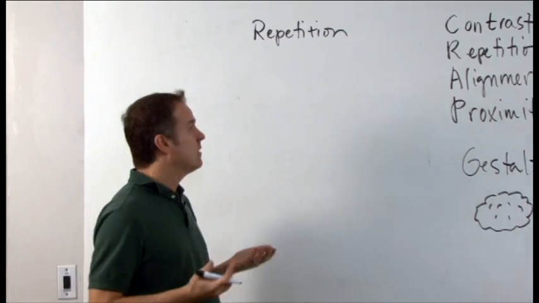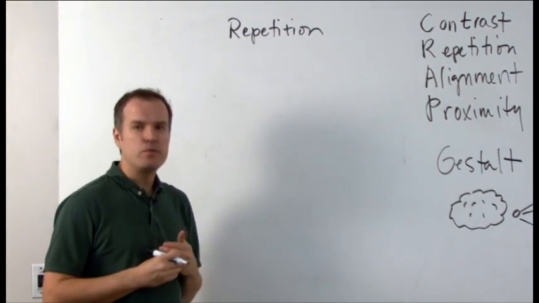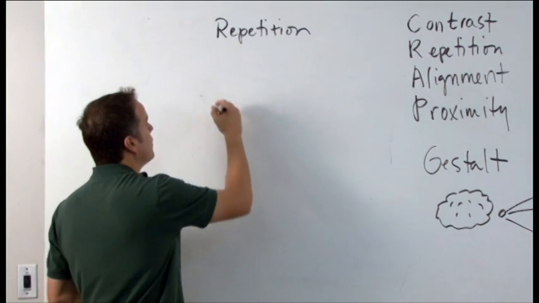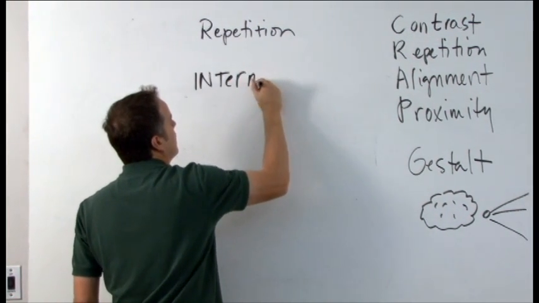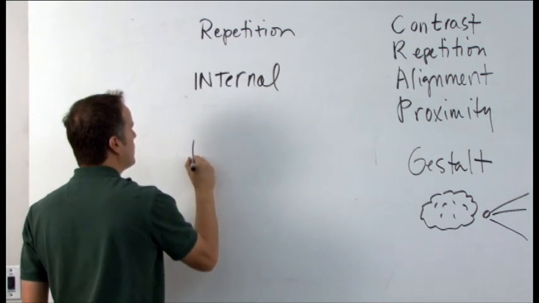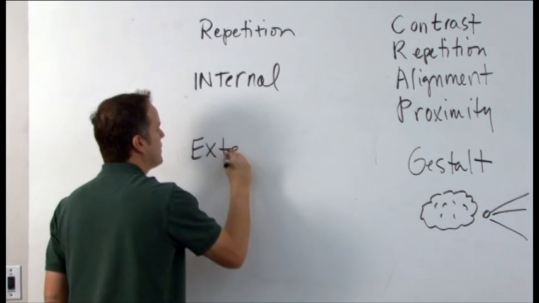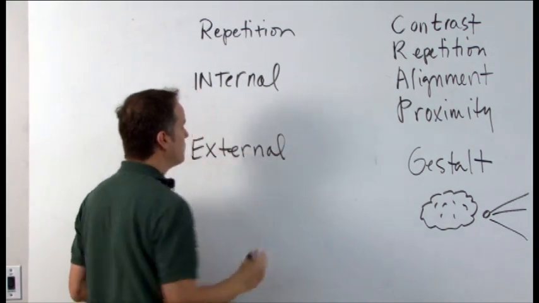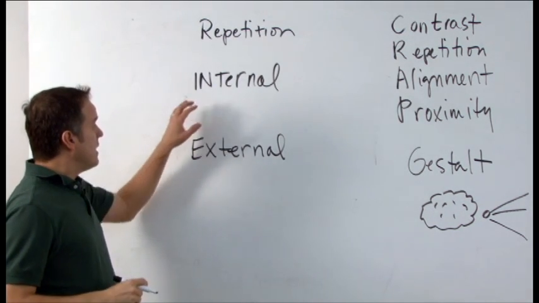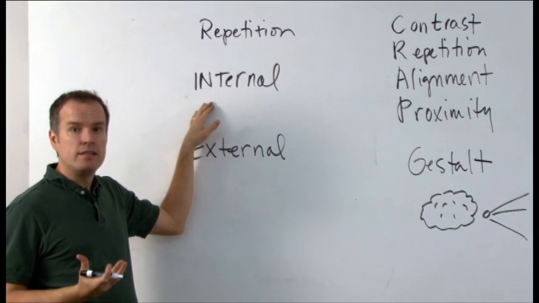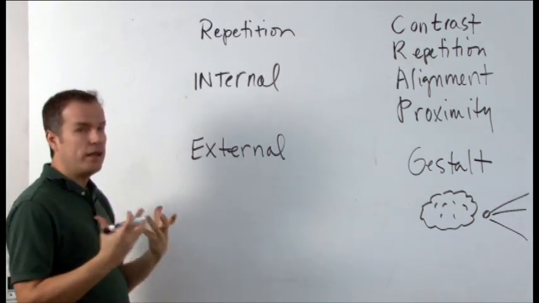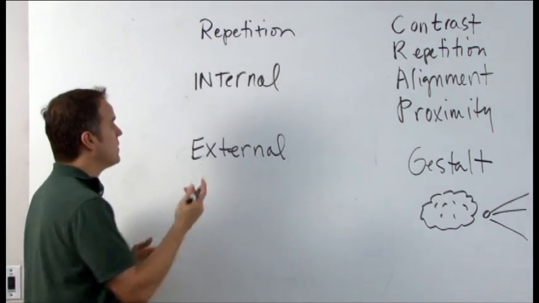Another thing that we need to know about repetition is that it comes in basically two varieties. What we would call internal repetition and what we would call external repetition. Internal repetition is repeating elements within one document or one sort of fixed object.